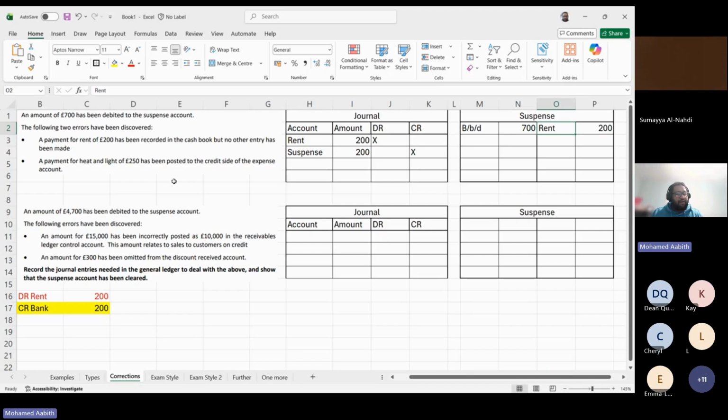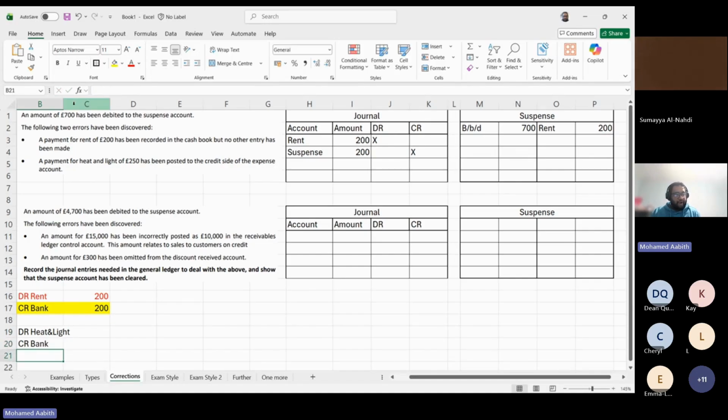Payment for heat and light of £250 has been posted to the credit side of the expenses account. So what happened here? We say debit heat and light, and credit bank.